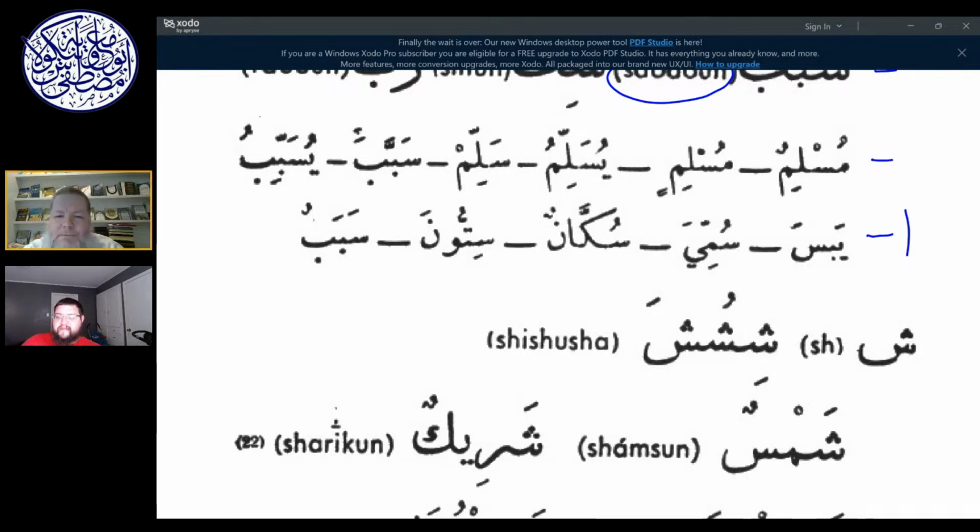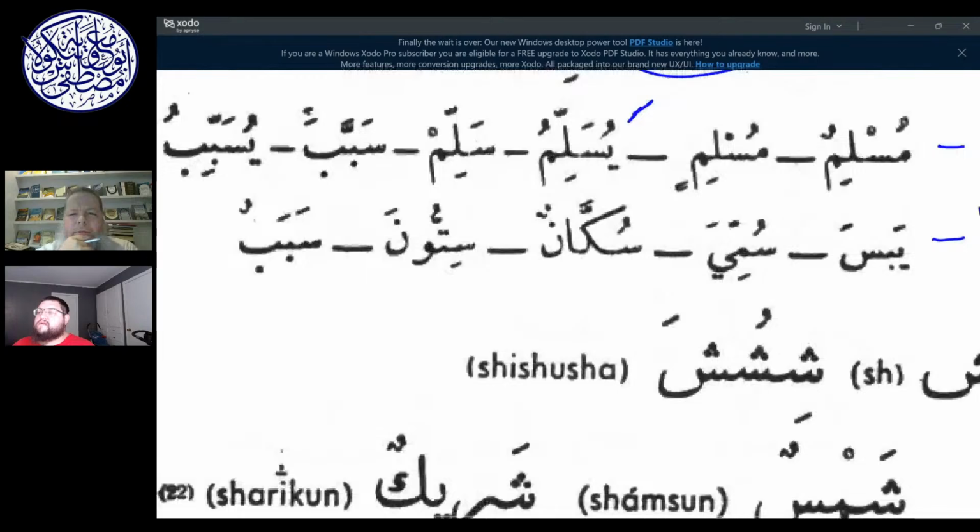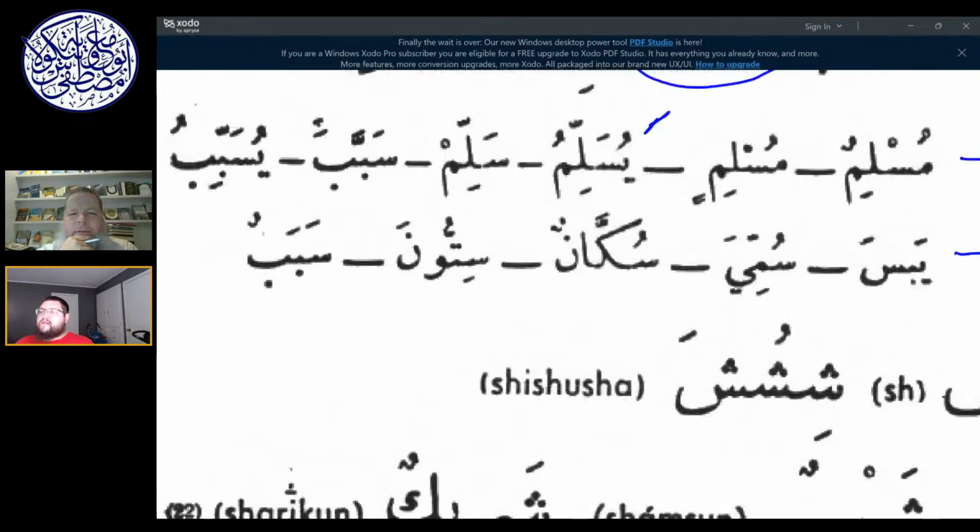Alhamdulillah. So we have Muslimun, Muslimin, and then we have this word here. It's two dots. You saw Yusallimu. There are two lams there with the shadda, right?